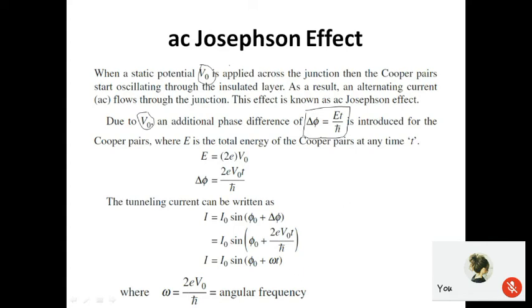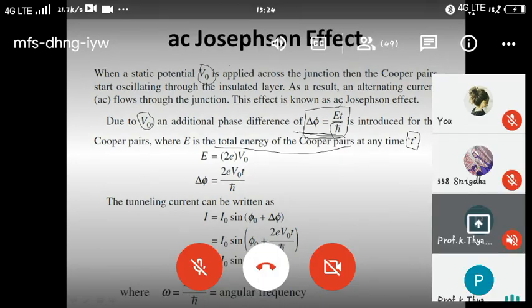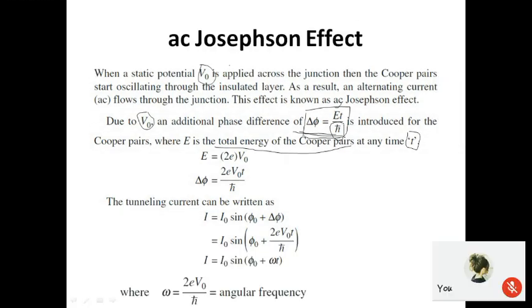Now that additional phase difference is given by delta phi equals Et by h cut, where E is the total energy of the Cooper pair and t is the time at which we have applied the voltage V0. h cut is a constant which is given by h by 2 pi, where h is Planck's constant.